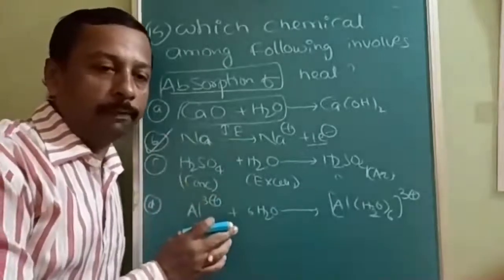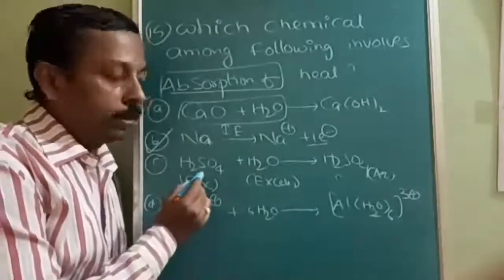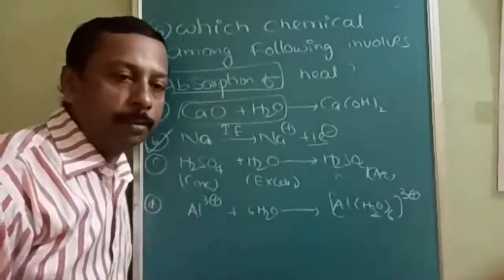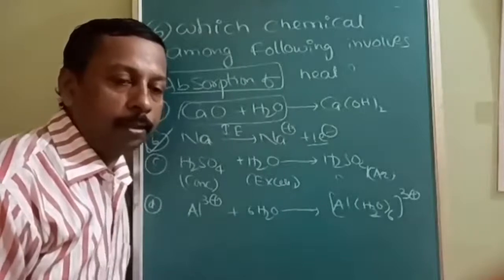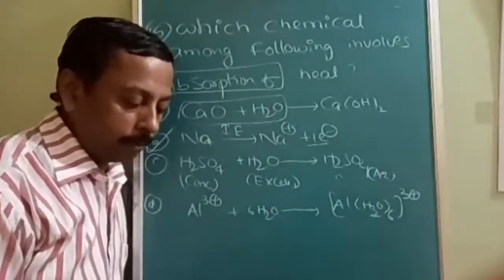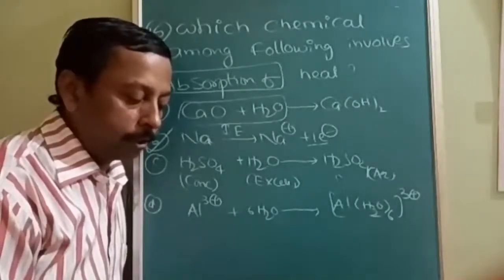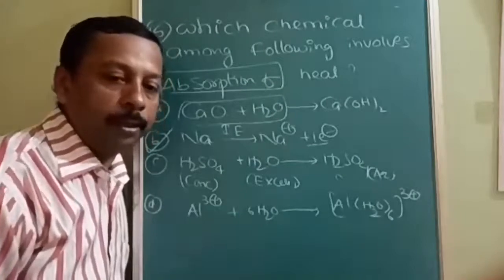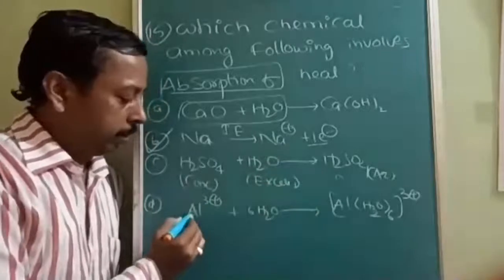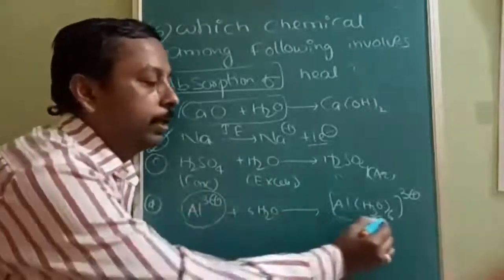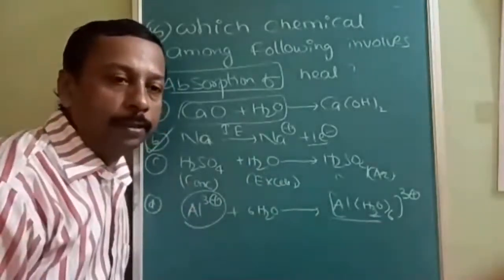Let us say, suppose this option is not there, whether we will be able to identify it from the others or not. See, sulfuric acid is famous for absorbing water, a dehydrating agent, because it has a strong tendency towards water. Therefore it is exothermic, and it is called hydration. Hydration is always exothermic.